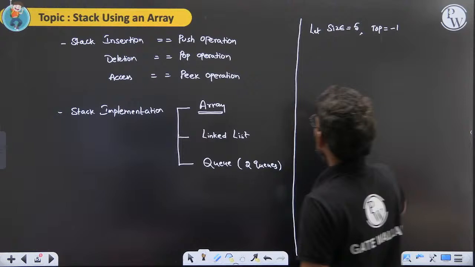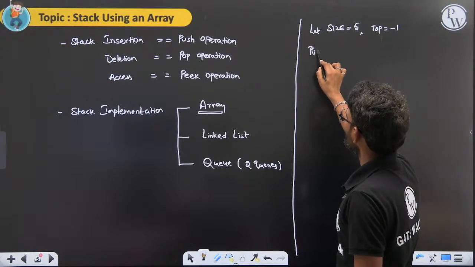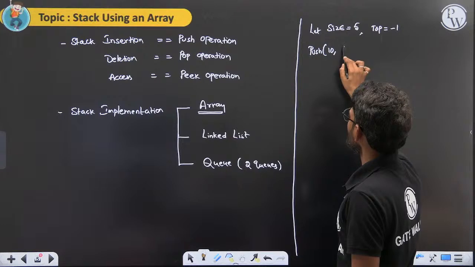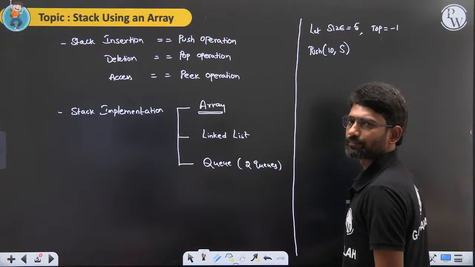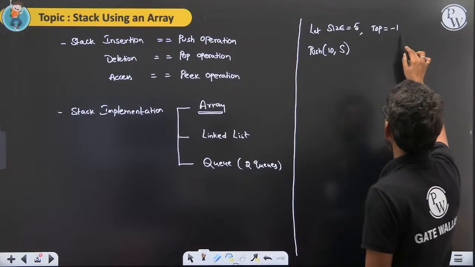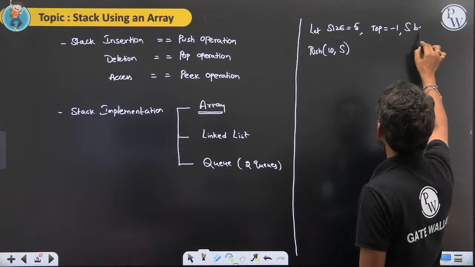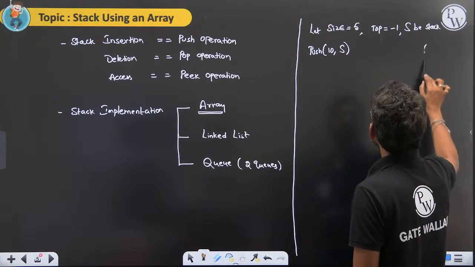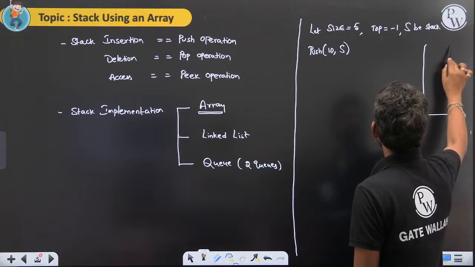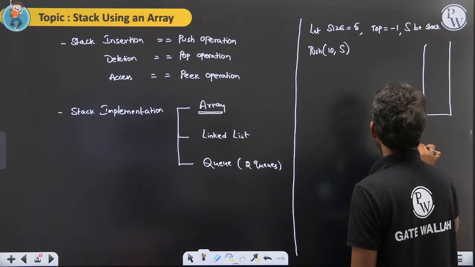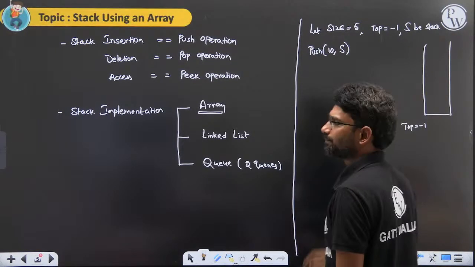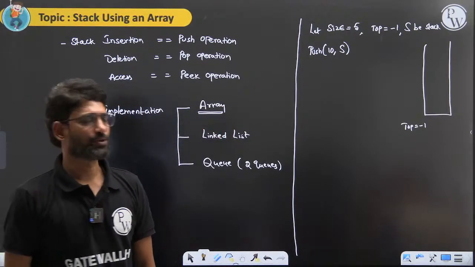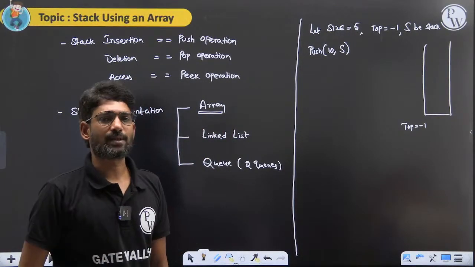Now, if I want to push some value 10 to the stack, let S be the stack. So if this is the stack, top value is -1 and I want to insert, means push, 10 into the stack.